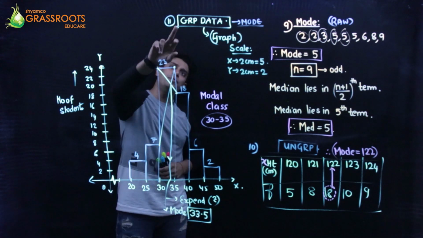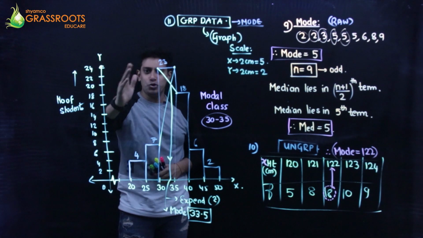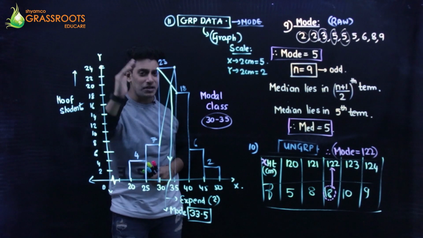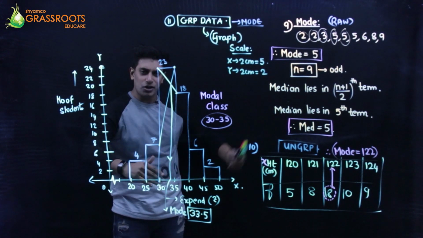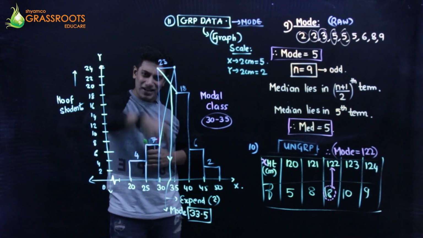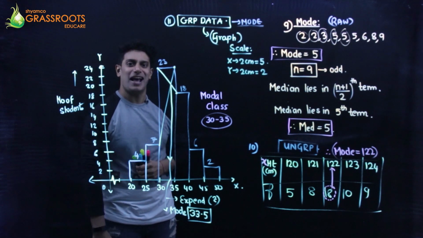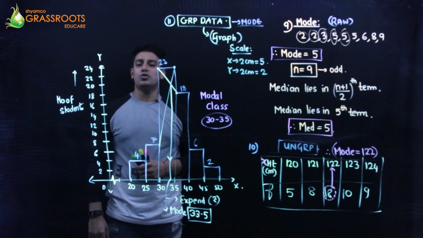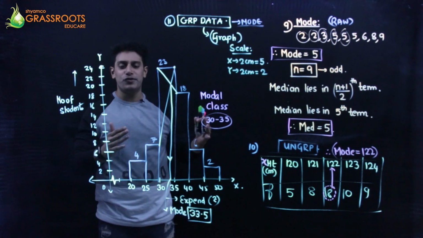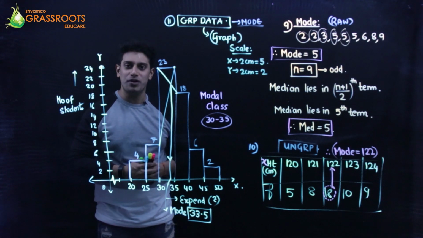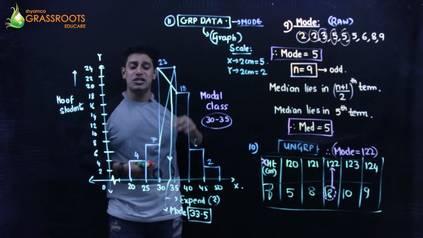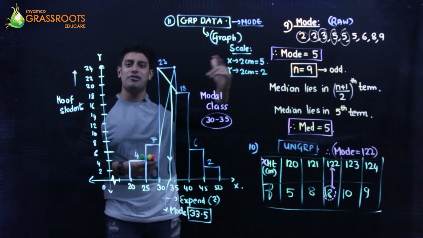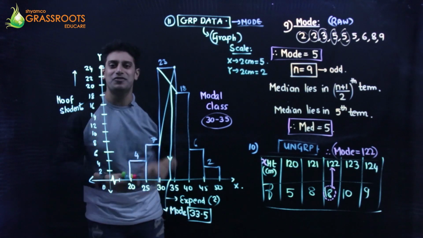And guys, for grouped data, you draw a histogram, select the tallest building, do crisscross, trace it down where it meets the x-axis. That's the mode. Right. So these are my 3 questions, 3 different varieties based on mode. We're going to go with more sums based on quartile range, interquartile range, median and ogives after this sum.